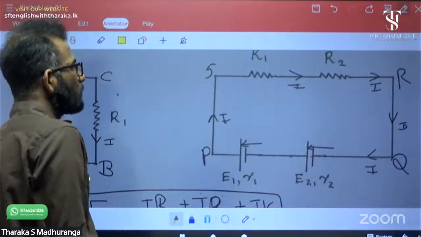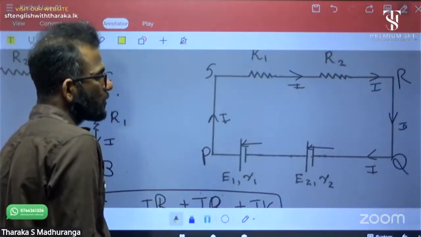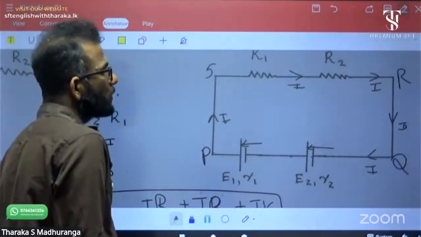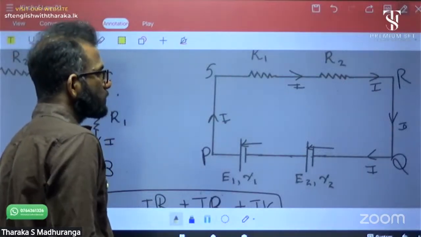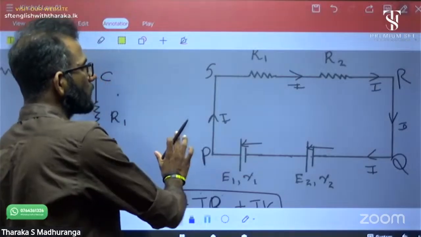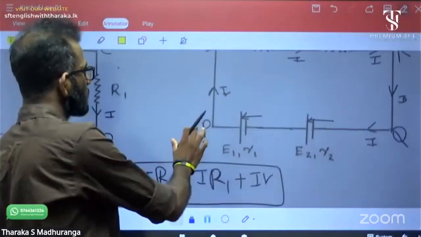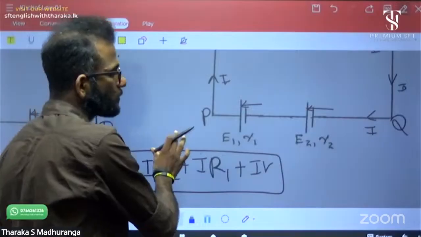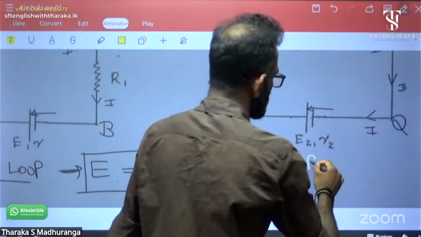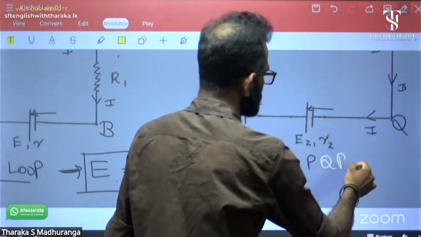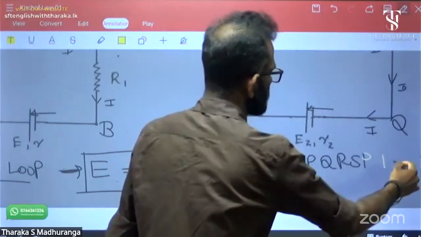Okay, now I'm going to use the P, Q, R, S, P loop.